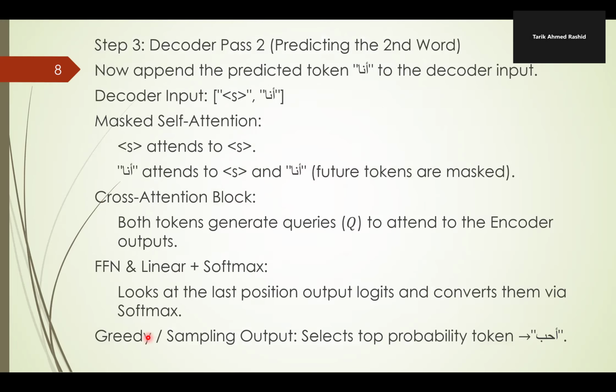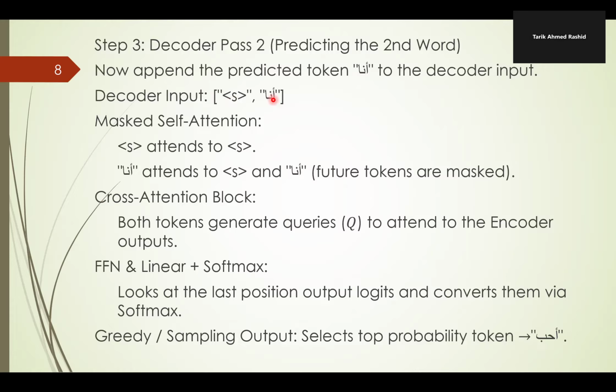Now, step three, decoder pass predicting the second word. What we are doing now is adding the predicted token ANA, which was predicted from step two, to the previous input. The previous token was the start token.